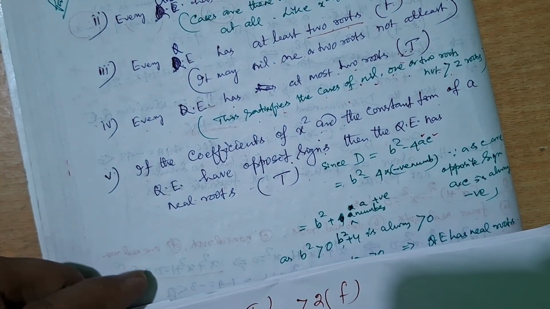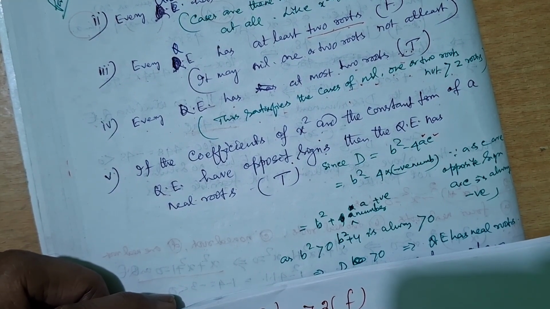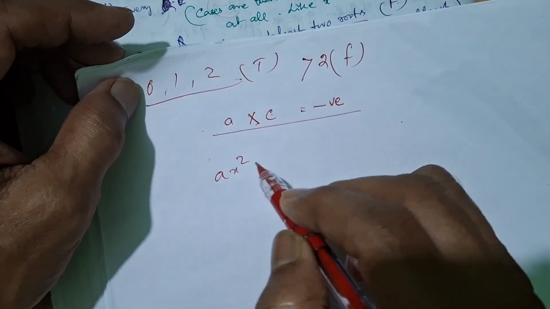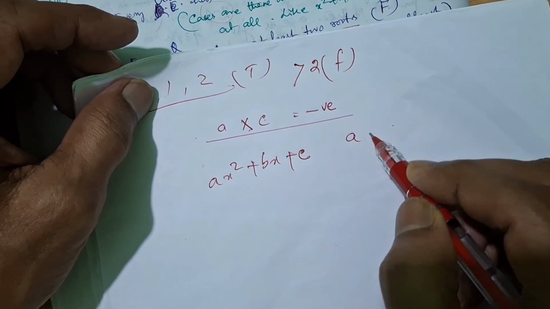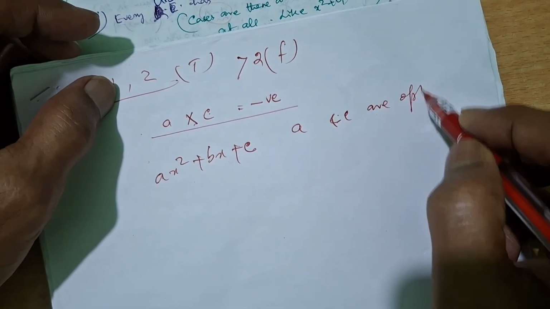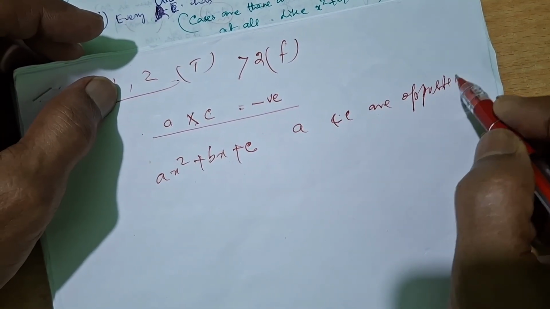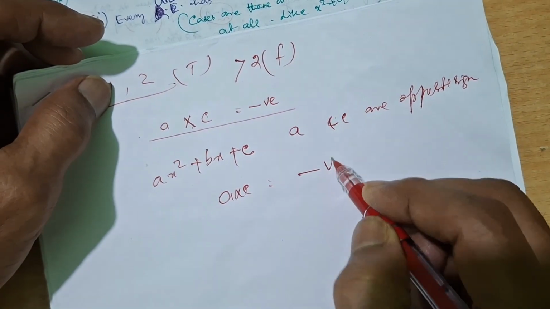The multiplication is negative. So whatever the case may be, if ax square plus bx plus c, with a and c of opposite signs, then a into c is negative.